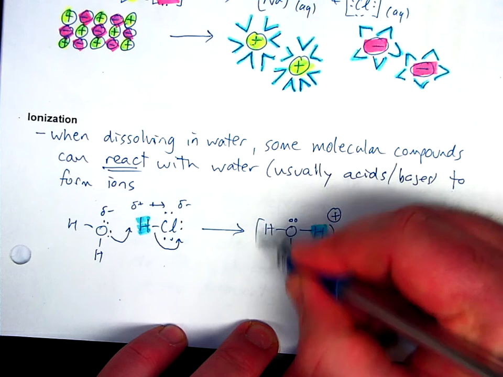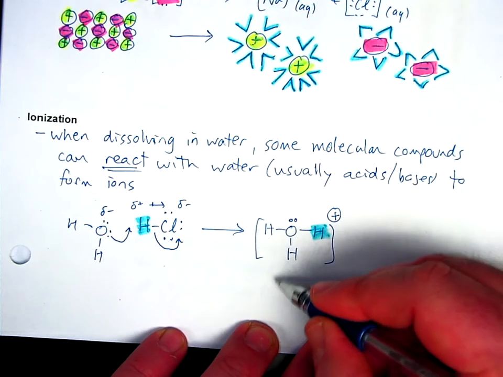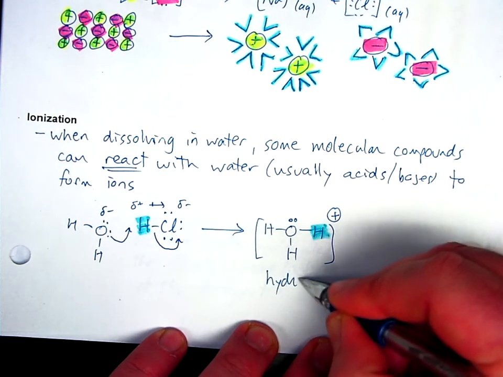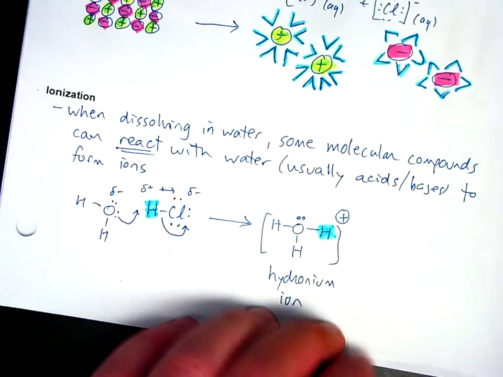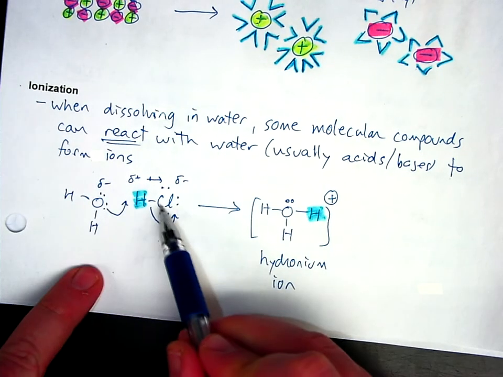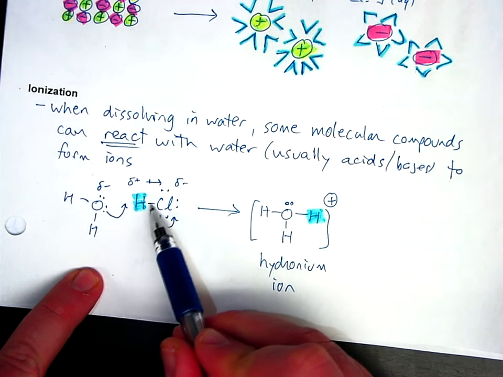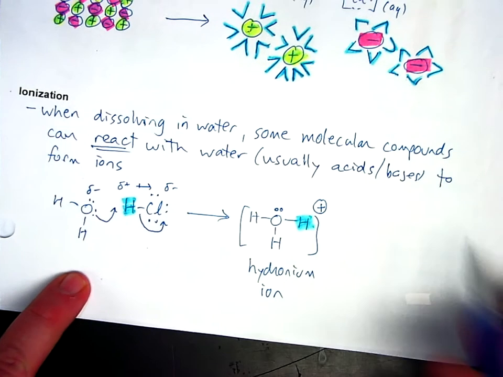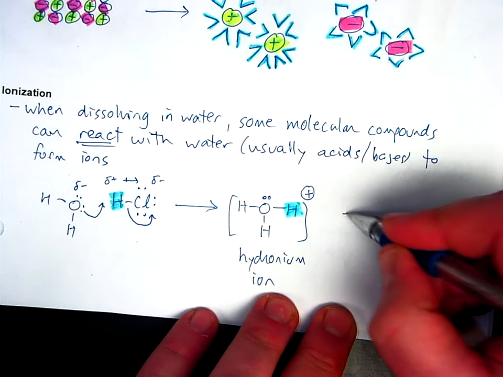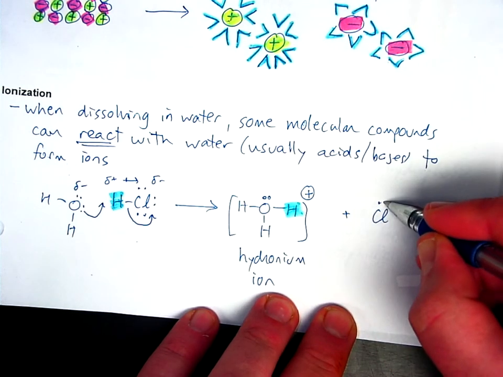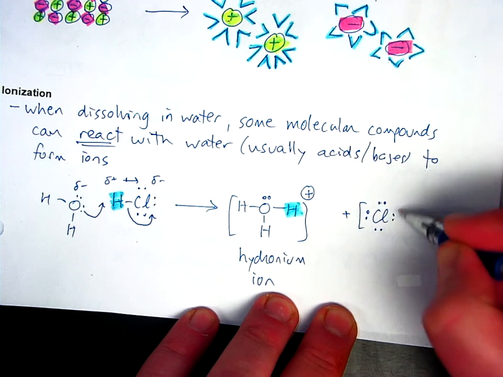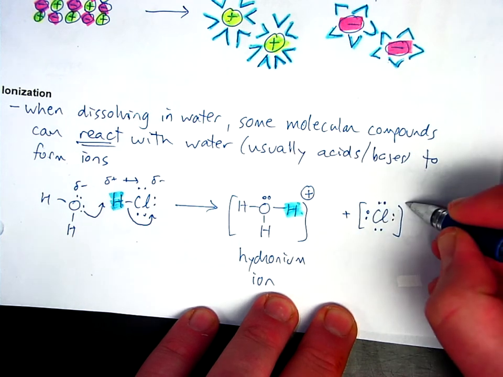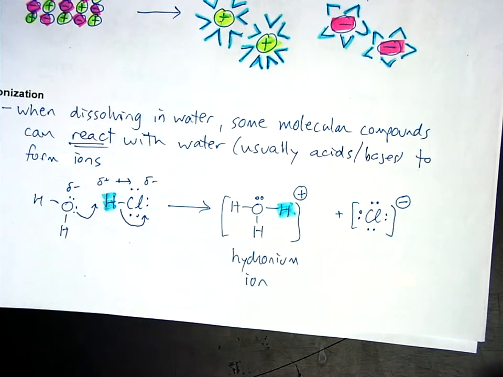So it's a positively charged polyatomic ion called the hydronium ion, and that is what's responsible for things being acidic or not. And then the chlorine takes that pair of electrons and accommodates it in its structure, because chlorine's pretty electronegative. It's pretty happy having the full set of electrons on its own, and it stays negative when it does that.